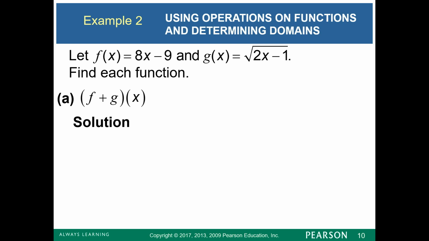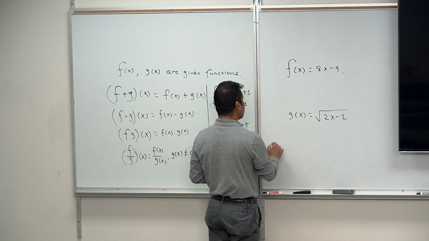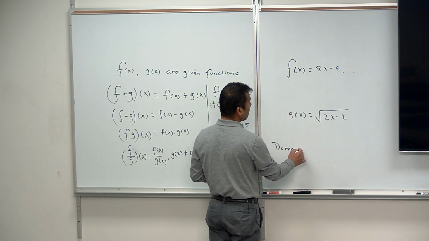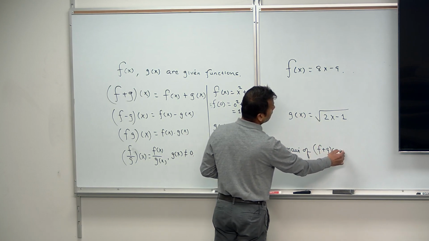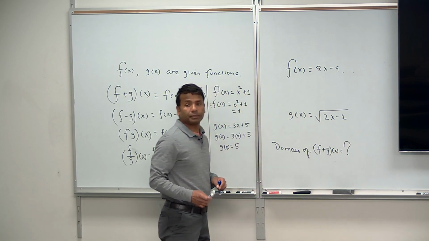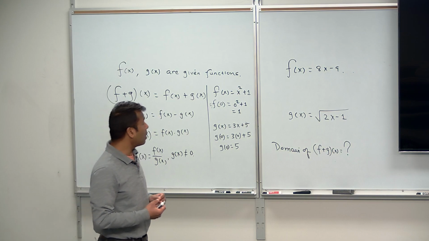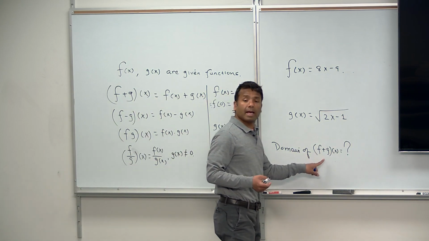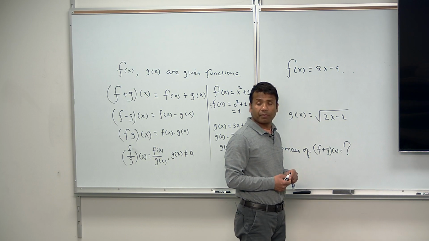So what is the domain of f of x? What do you think? How do you find the domain of f of x? So our goal is to find the domain of f plus g of x. To find it, we need to find the domain of f and the domain of g.